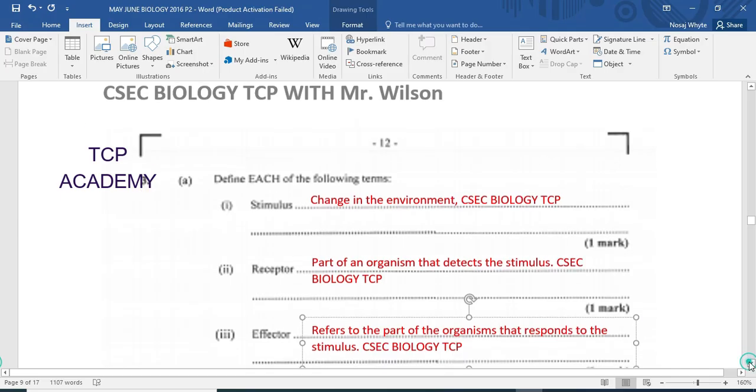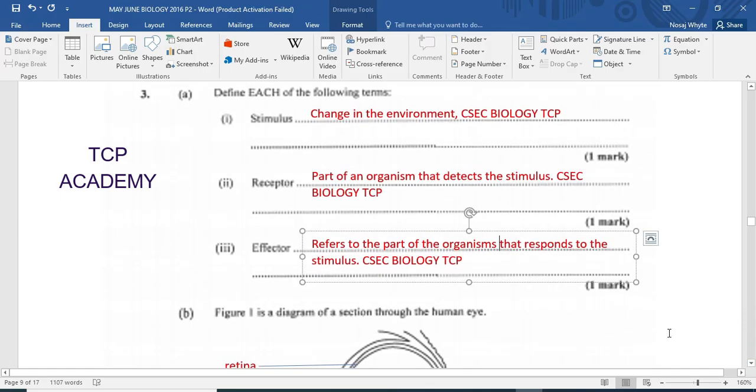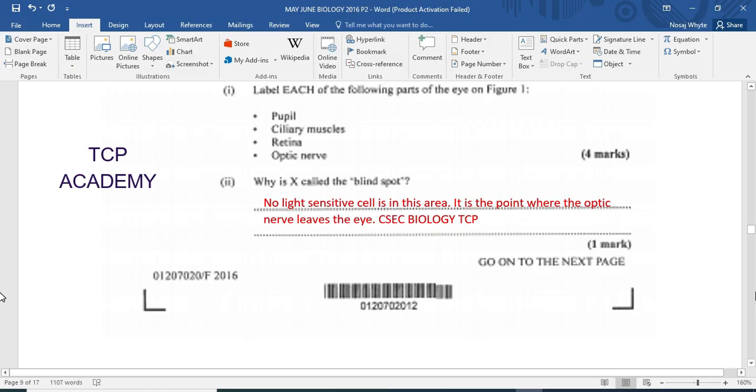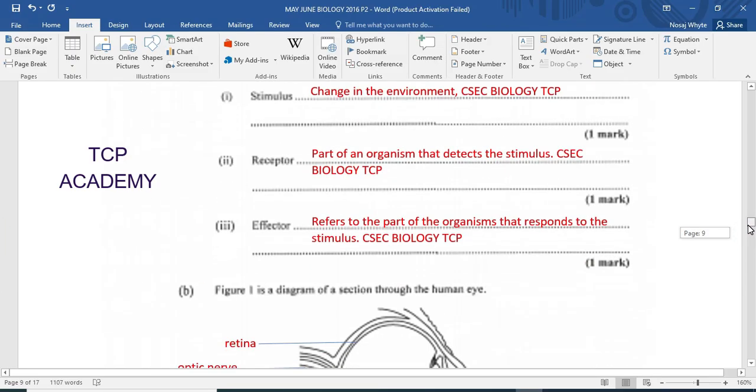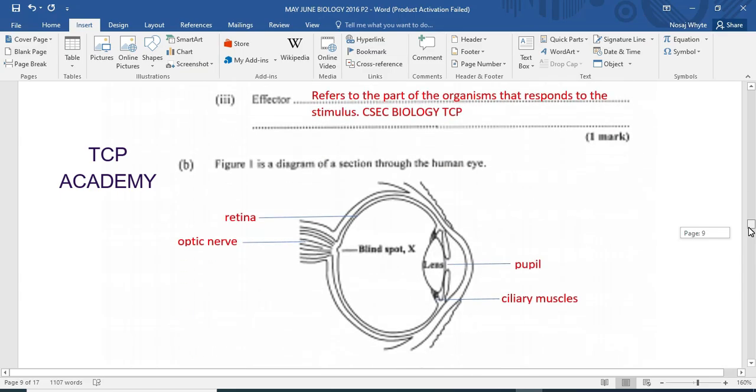One might say environment depending on what you're doing, but here we're looking at the individual. So it refers to the part of the organism that responds to what is happening in the environment.